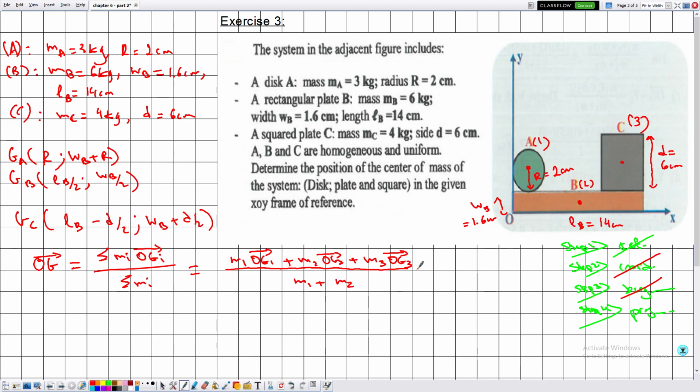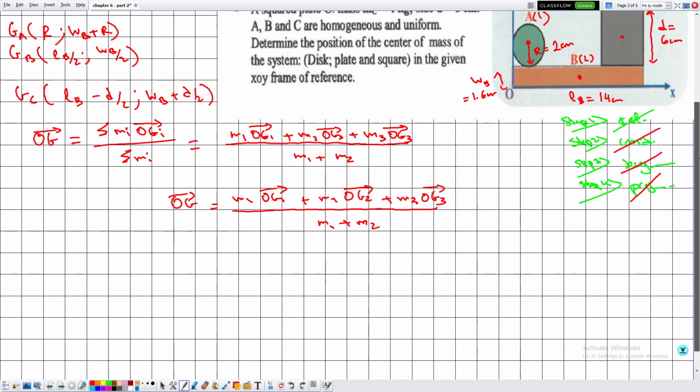Okay, so in this case OG is equal to M1 OG1 plus M2 OG2 plus M3 OG3 divided by M1 plus M2 plus M3. Now it's left to project this equation into its x and y components. Then a projection along the x-axis.